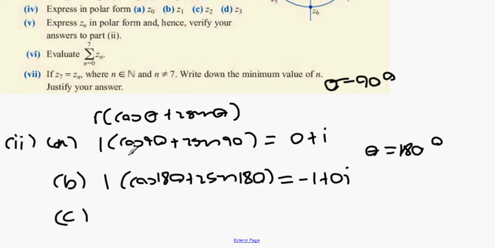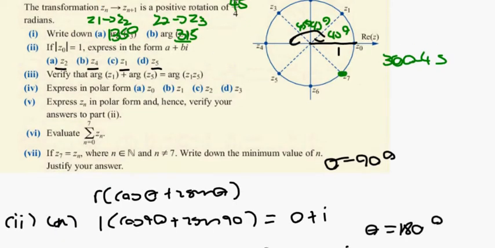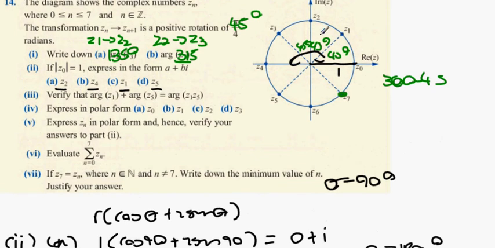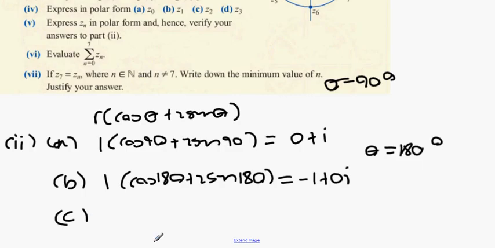C. Z2. Okay, so we're talking about Z2. So Z2 is, as you can see, 45 plus 45 is 90 degrees, so it's going to be 1 cos 90 plus i sine 90.